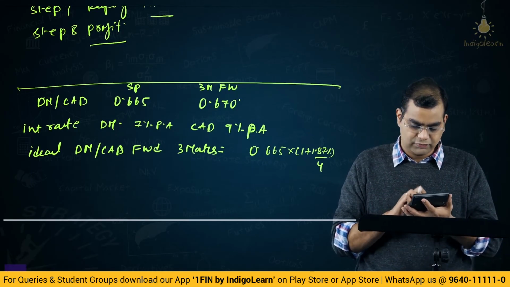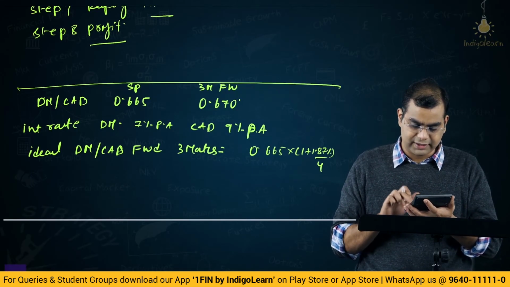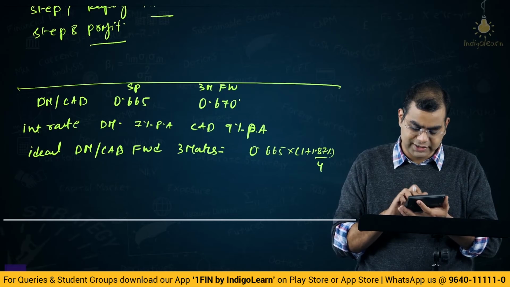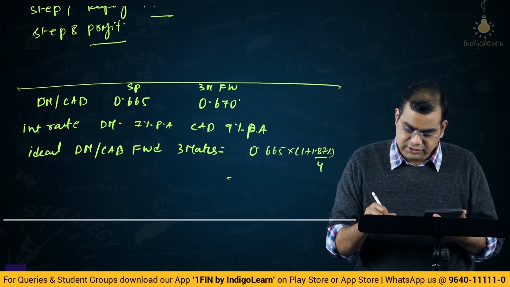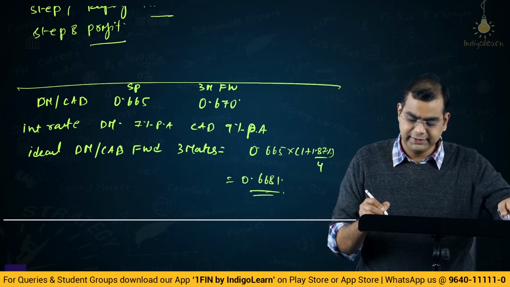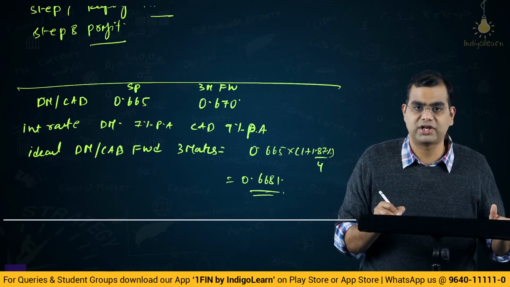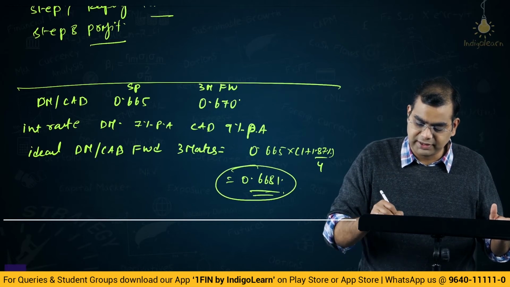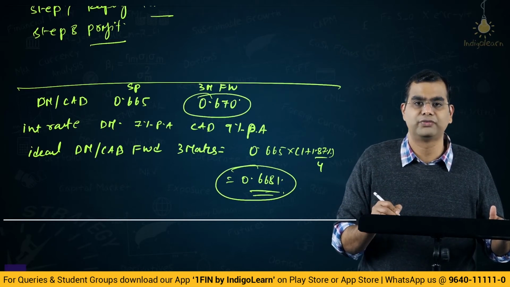So 1.87 divided by 100, divided by 4, plus 1, into 0.665, that is 0.6681. So ideally the exchange rate, the number of Canadian dollars per Deutschmark, should be 0.6681, but it is 0.670.